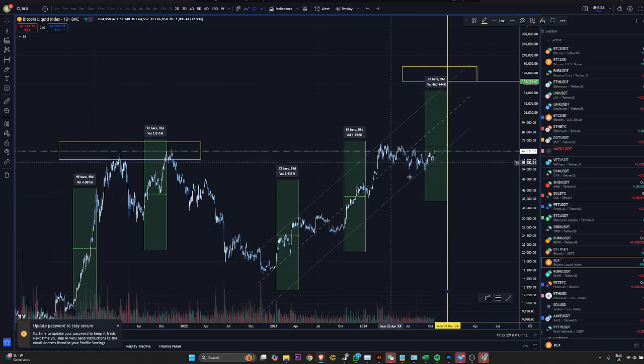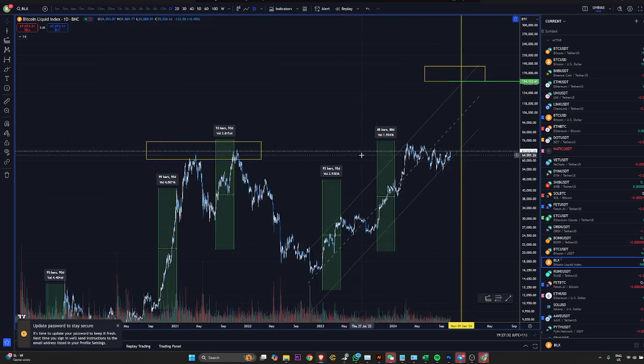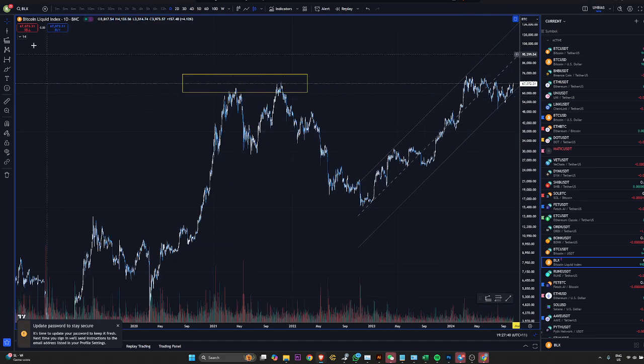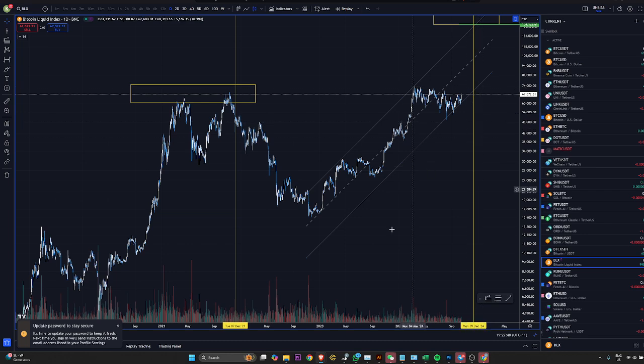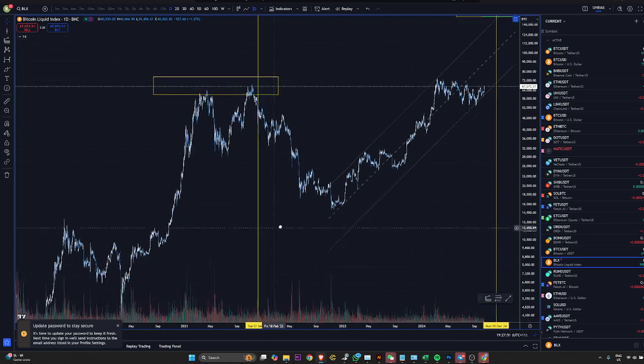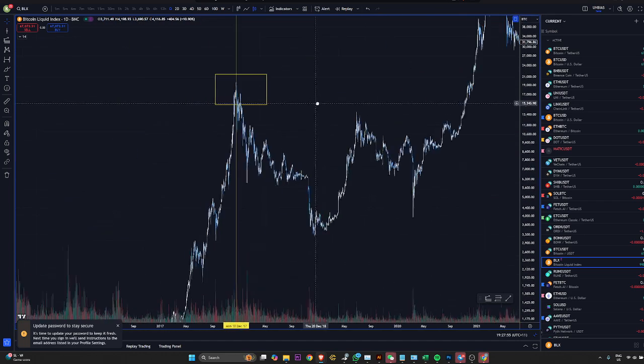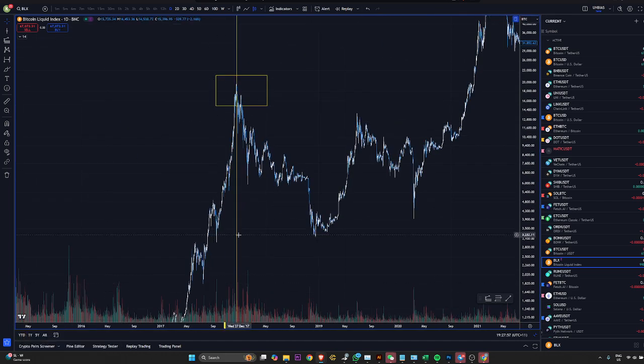Right, I'm going to take this off the chart and we're going to look at previous cycles as to when Bitcoin has actually topped and when that has occurred. So we can see here, I'm just going to mark out the December period because that's what we're looking at for the Bitcoin top this cycle, December. Again, in December, Bitcoin tops mid-December.